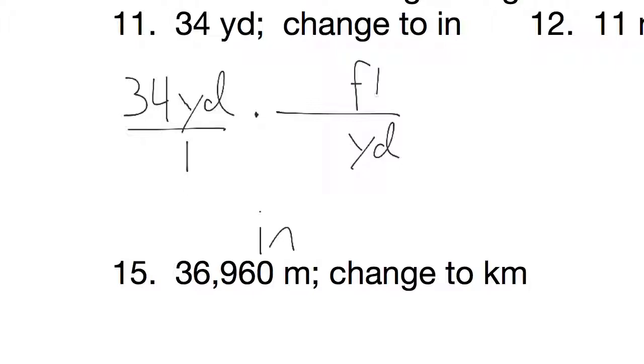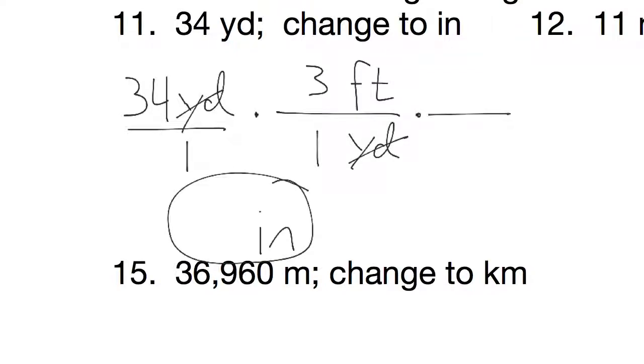Let's put feet here, because I know that there are 3 feet in 1 yard. And then when we go to multiply, these are going to cancel and we're left with feet. But what I want is inches, actually. So I'm going to do the same thing again. If I want to cancel out feet that are in the top, I need to put feet in the bottom. And I know that I can convert feet into inches.